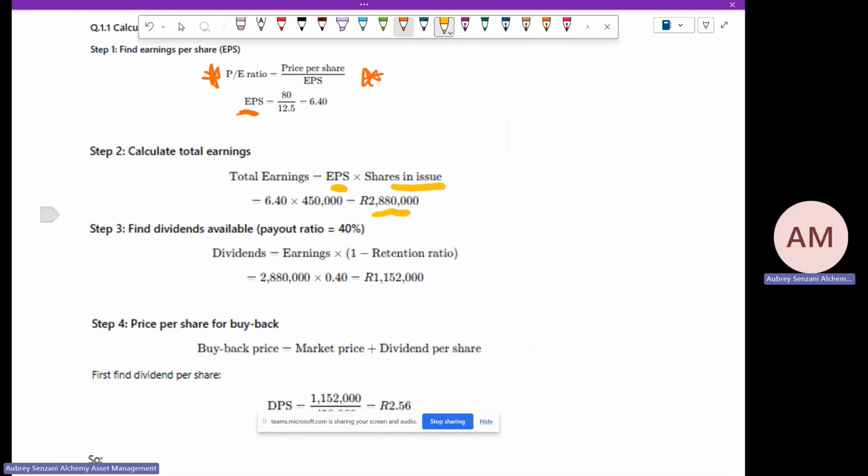Then we also know that we have a payout ratio. We're not paying out all of this, isn't it? So we know our retention, and this is coming back to your question about how we got the payout. Here you can see 1 minus the retention, which gives us our payout of 40%. And so we're not paying out the 2,880,000 because of that policy.